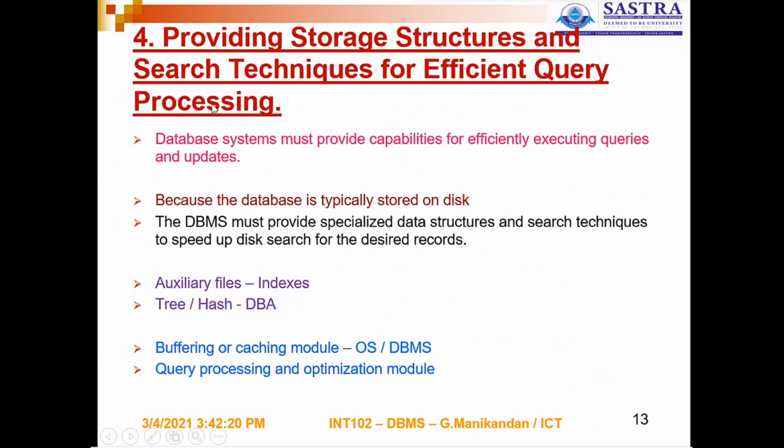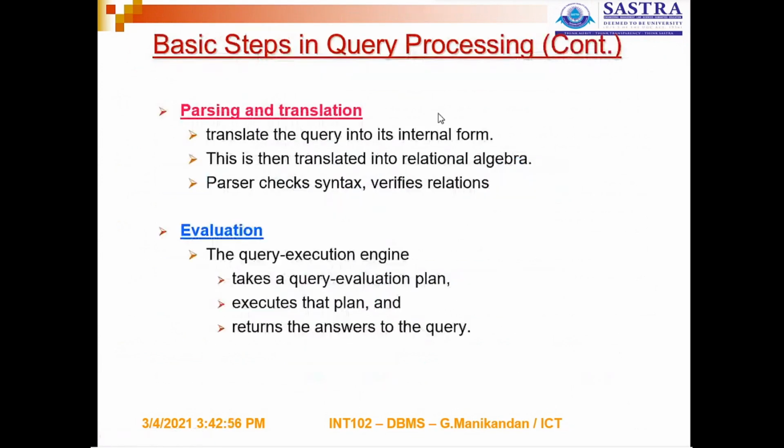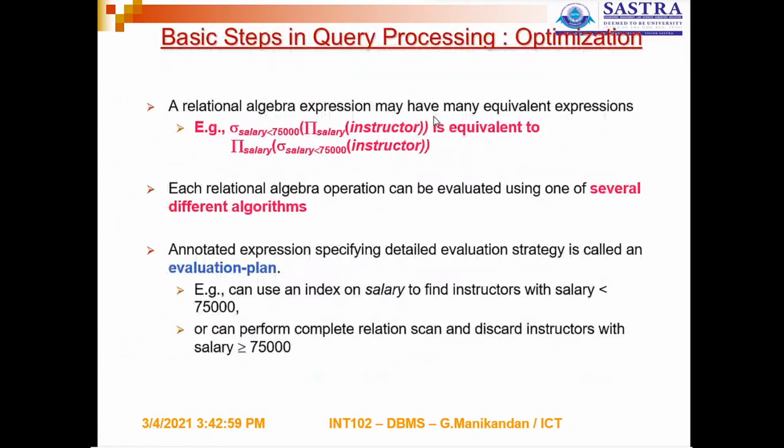Ultimately, using the storage structure, we want to reduce the query processing time. So, what are the various steps involved in query processing? How do we measure the cost, what parameters contribute to it, and how do we identify the plan? Ultimately, you need to identify the evaluation plan which incurs the minimal cost.